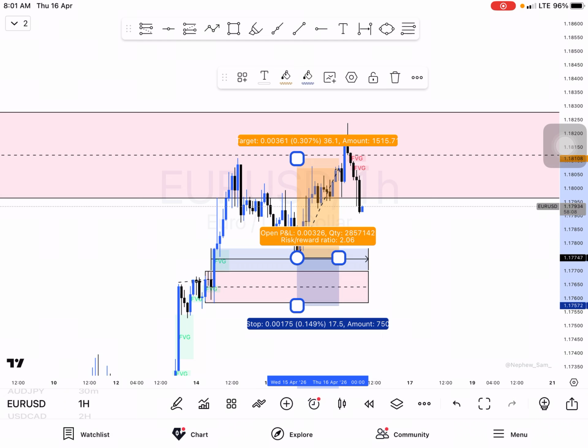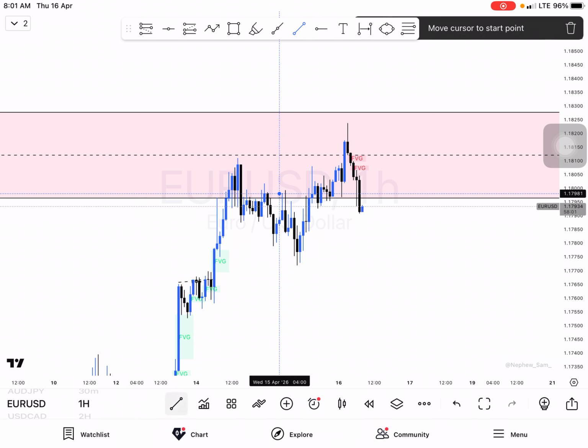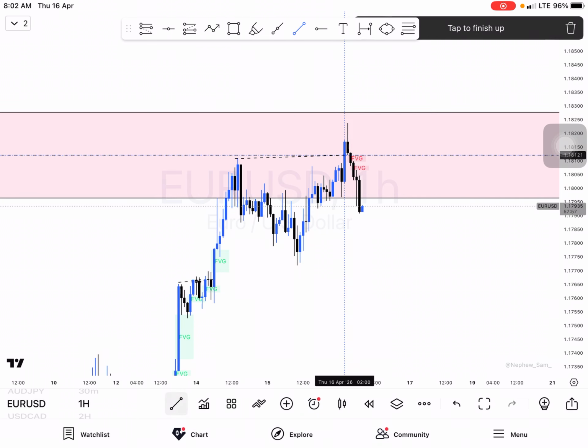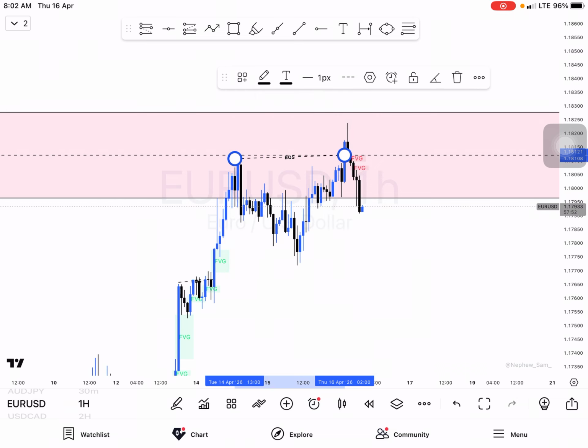And what should we be expecting now? Because the overall movement is to the downside. Now you can see that we have this break of structure to the downside, this strong break of structure. What I'm expecting is that a lot of people were here trying to sell.